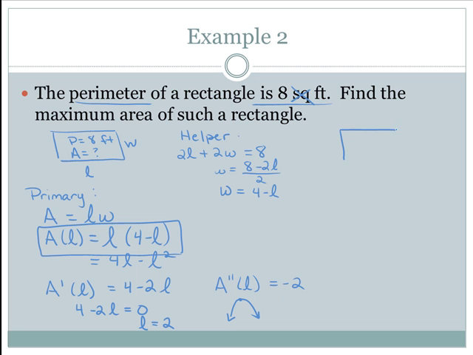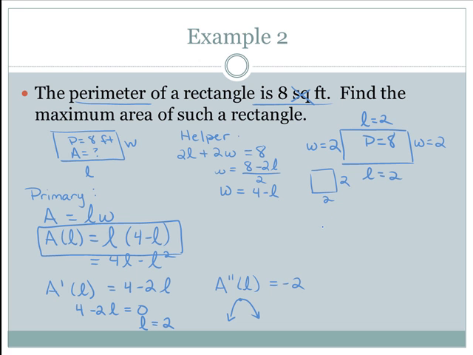So if I redraw my rectangle, I know the lengths of these have to be 2. I know my perimeter is 8, and so what that actually tells me is that my width also has to be 2. So in fact, a square that is 2 by 2 is going to give us the maximum area.